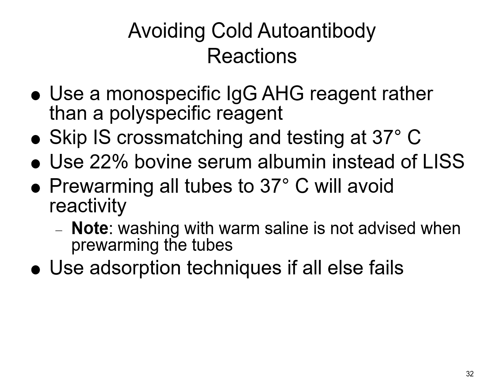So in severe cases like that, I've had to use pre-warmed saline as well to do that manual wash step in order to help alleviate that cold autoantibody type of reaction.